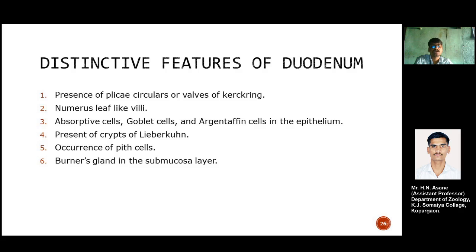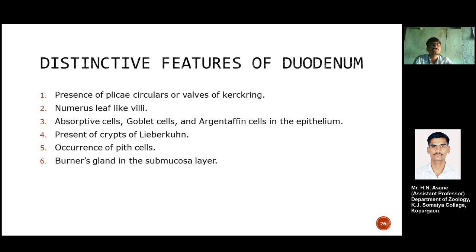Okay, that cranking wall and the plicae circulares are present in the duodenum. Okay, in the duodenum, numerous leaf-like villi are present. The villi contain all the absorptive cells, goblet cells, and enteroendocrine cells in the epithelium layer of the villi. Okay, and the mucosa layer.